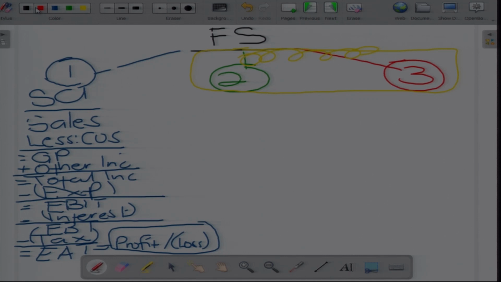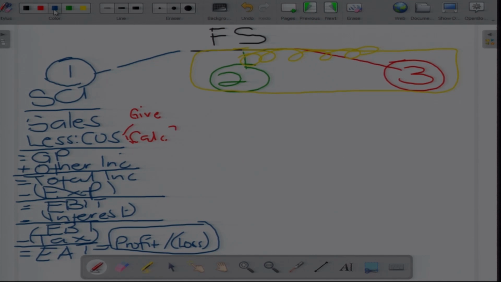First thing you need to go look for your cost of sales. Is it given or must you calculate it? And you need to know how to calculate it. Opening balance plus purchases plus carriage on purchases minus returns on purchases minus closing balance.